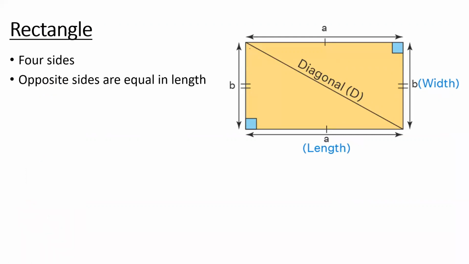Very good. It's supposed to have a square on all the corners, by the way. So all the corners are 90 degrees. Make sure I put that. For a rectangle, all of the 4 corners are 90 degrees.